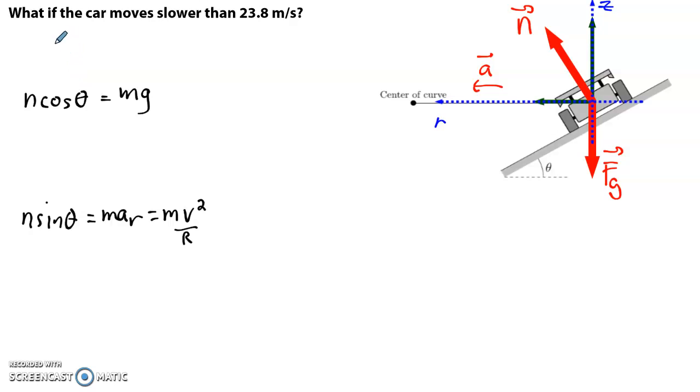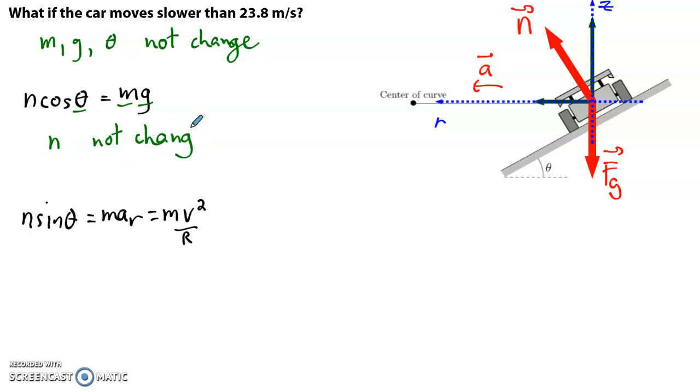We have to think about what stays constant. So we know that the mass, the acceleration due to gravity, as well as the angle will not change. But if that's the case, this means that that is constant, and that term is constant as well. So if all of these are staying the same, this means that n does not change either.